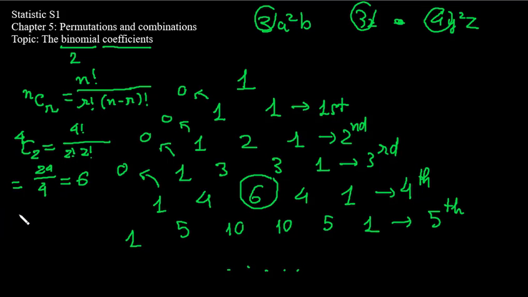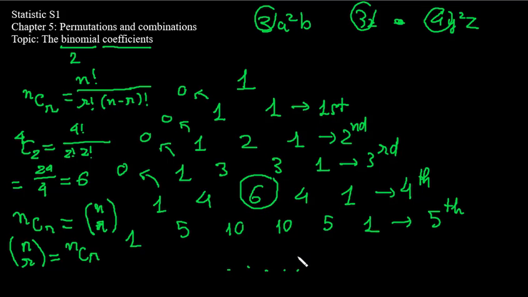So nCr can also be written like the bracket notation n over r. You should be aware of this because sometimes they choose to write it this way, but you need to understand it means nCr.